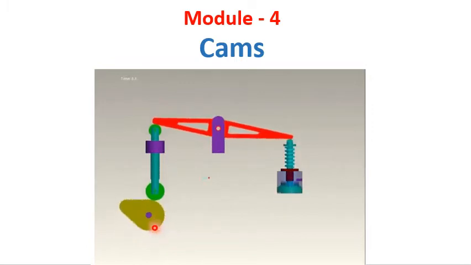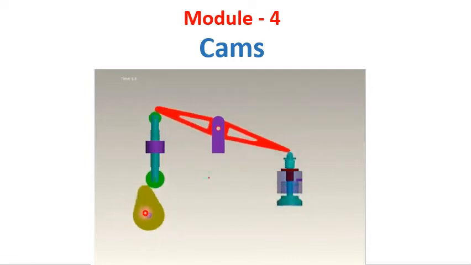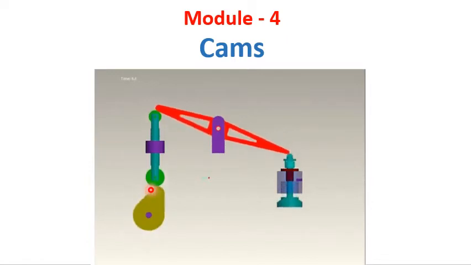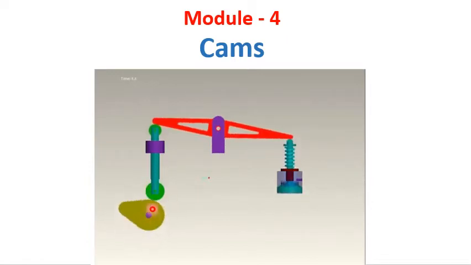These two elements having line contact, therefore they come under higher pair. We have discussed different types of kinematic pairs in Module 1, higher pair and lower pair. Those kinematic pairs having surface contact are lower pair. Since these two elements have line contact, they come under higher pair.